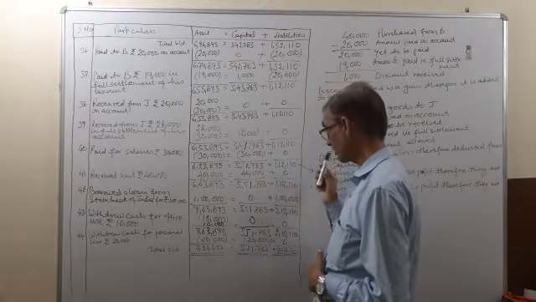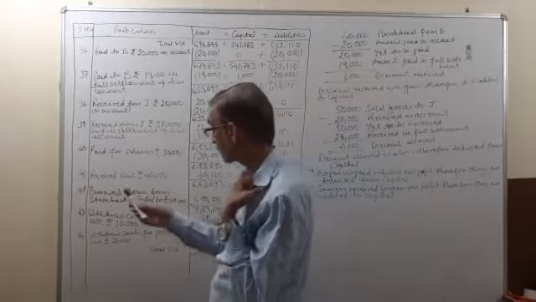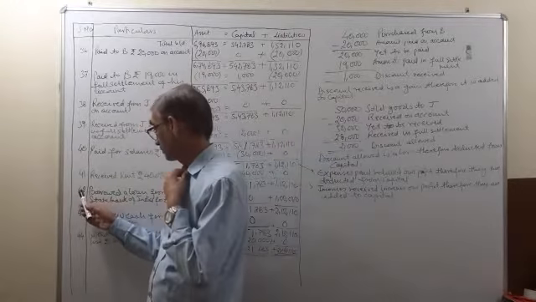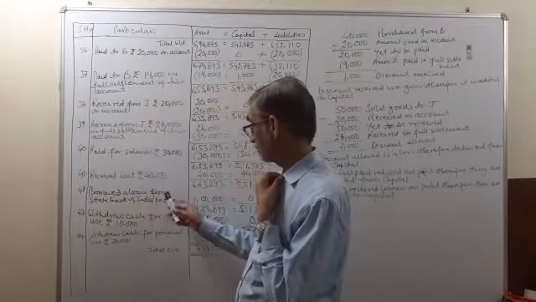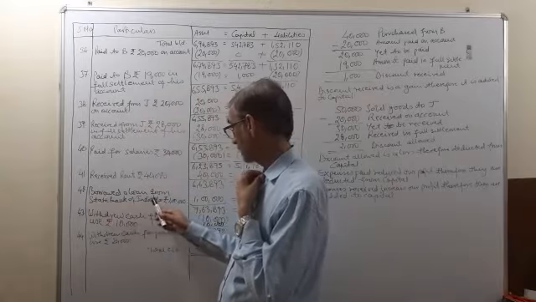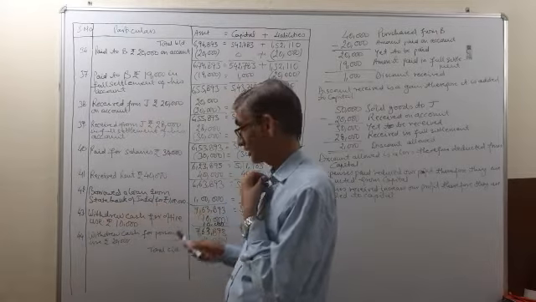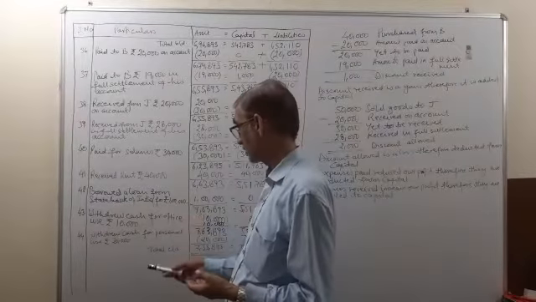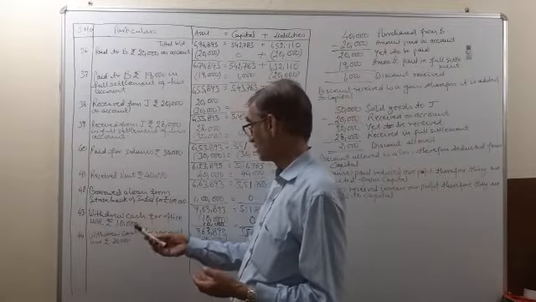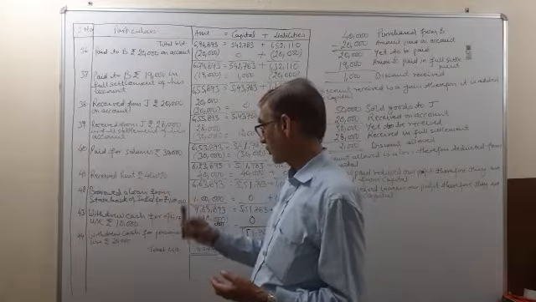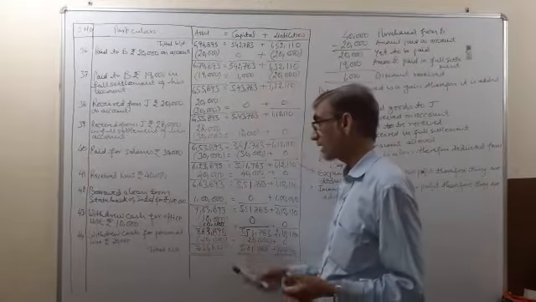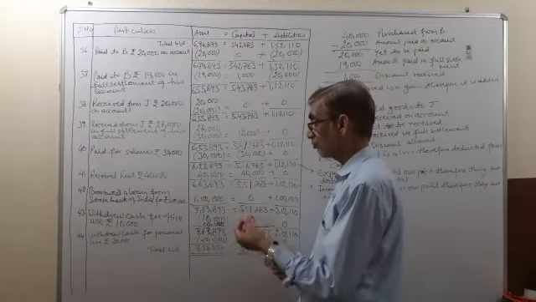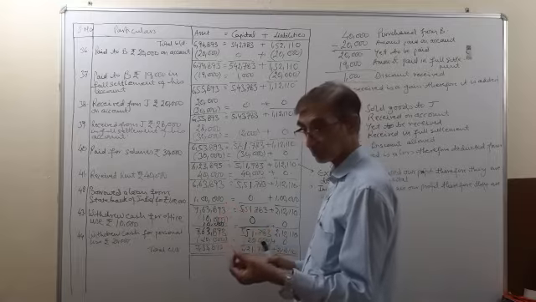1,12,110 is our liabilities. Now transaction 42, borrowed a loan from State Bank of India for rupees 1 lakh. These are some other transactions which we will be dealing with, and some more are there which we will deal with tomorrow. So here we have borrowed a loan from State Bank of India.